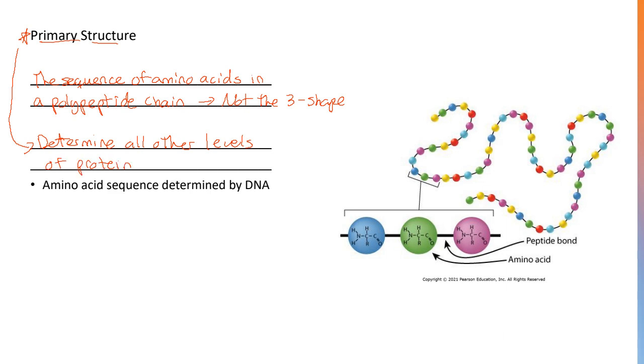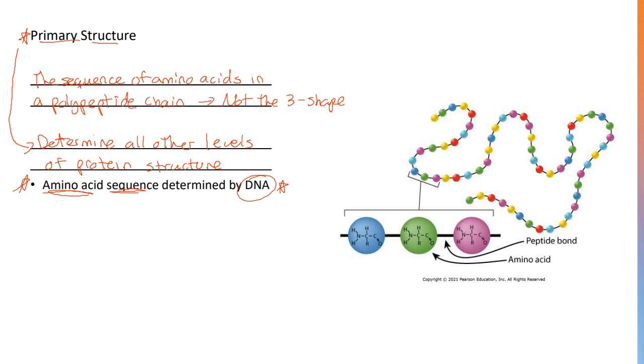Okay, and the amino acid sequence, a little introduction before we move into DNA and nucleic acids: the order of amino acids is actually determined by your DNA, which we'll talk about in another chapter. All right, so again, this is going to be the primary structure over here.